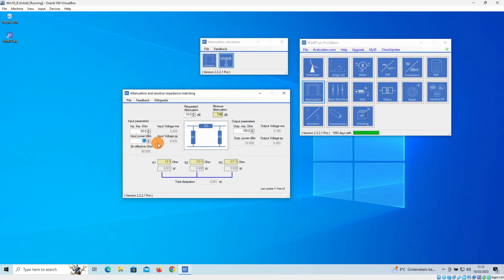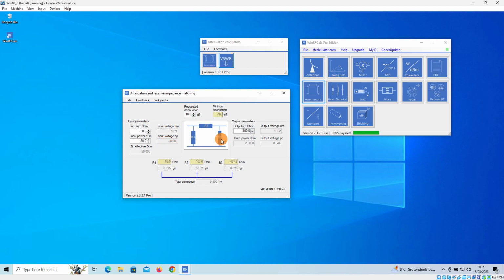If we increase the input to 30 dBm, equivalent to 1 watt, on the input box you see that the RMS voltage, root mean square voltage, is 7 volts, and the peak-to-peak voltage is 20 volts.